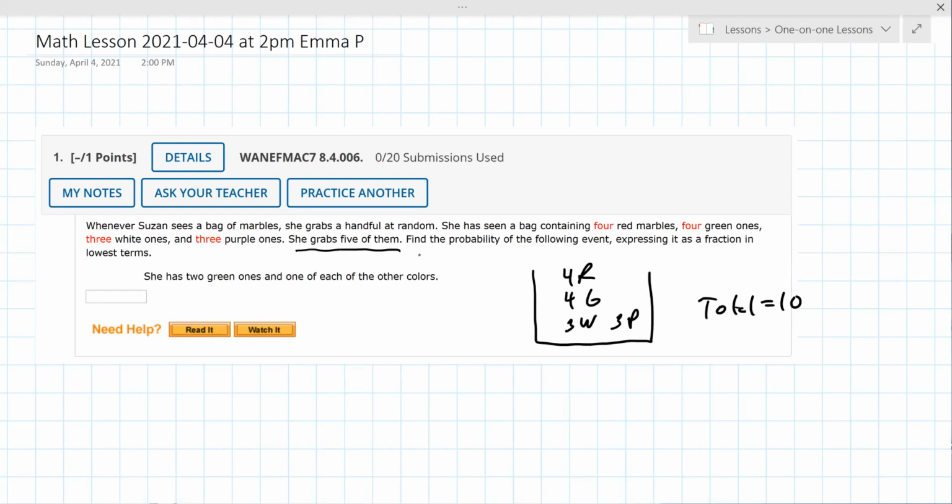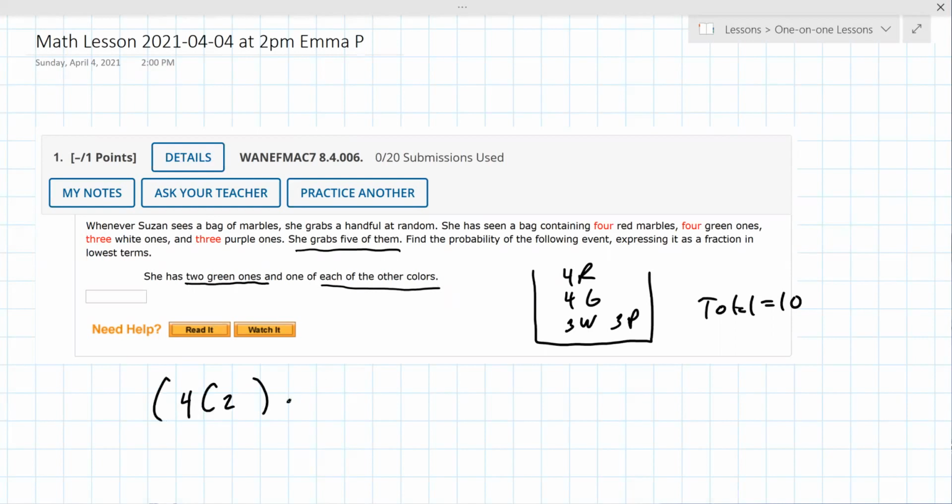Okay, so she grabs 5. It's important: she has 2 green and 1 of each of the other colors. All right, so these are combinations. I think all these are combination problems. The first combination is from the 4 green, you're choosing 2 of them.